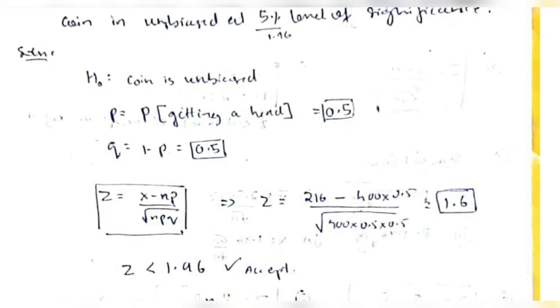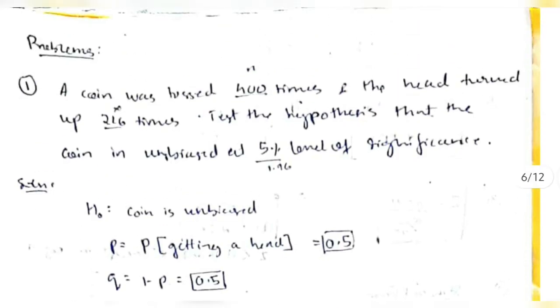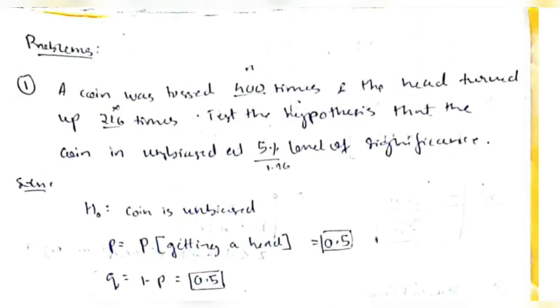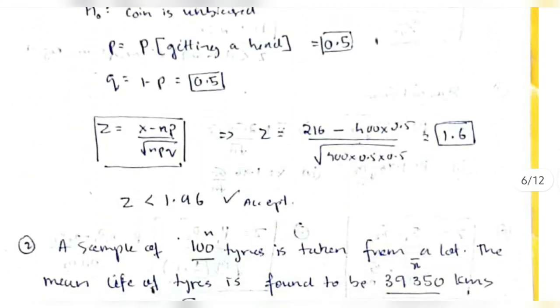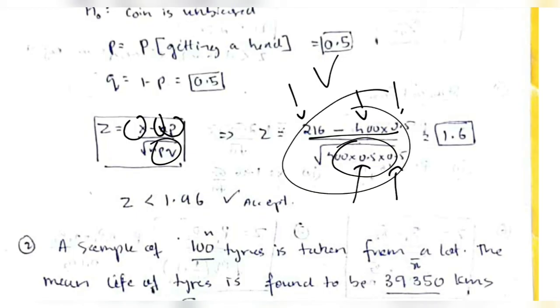So first we get P and Q, and then we subtract from x, the number of times it was successful. So x is 216 minus n, which is 400, into p, which is 0.5, divided by root of npq, that is 400 into 0.5 into 0.5. After calculating these values, you will get one answer, that's the z value.